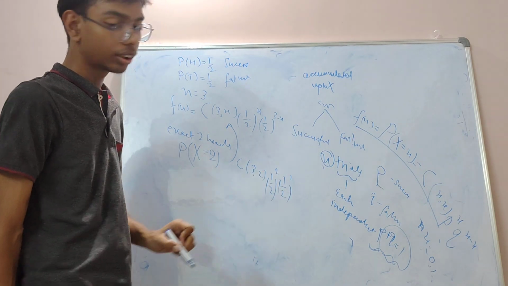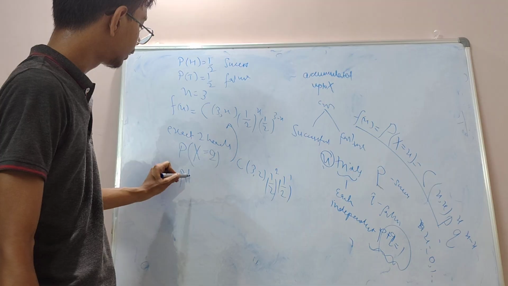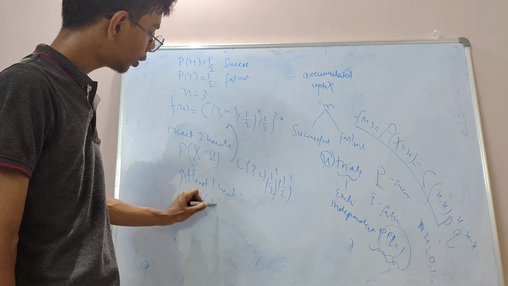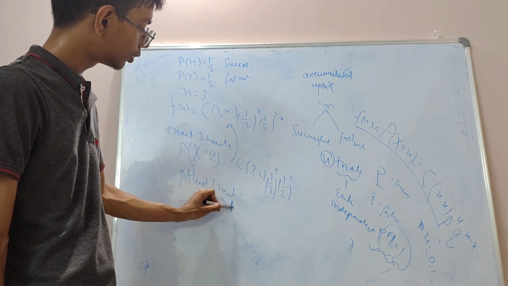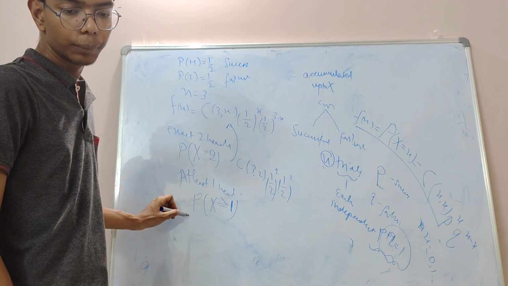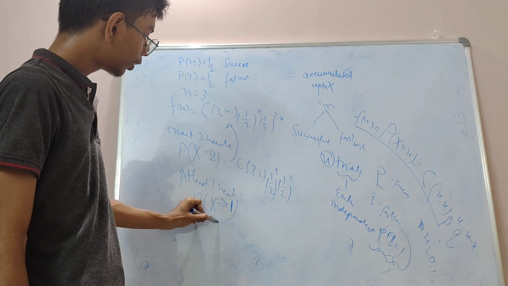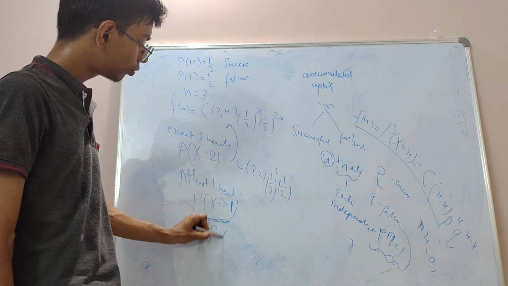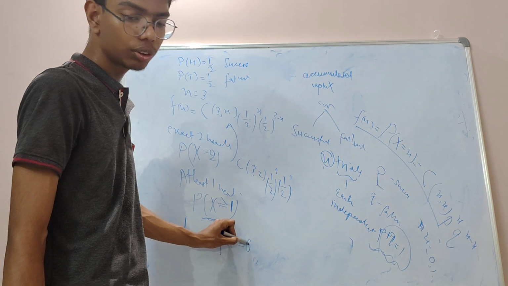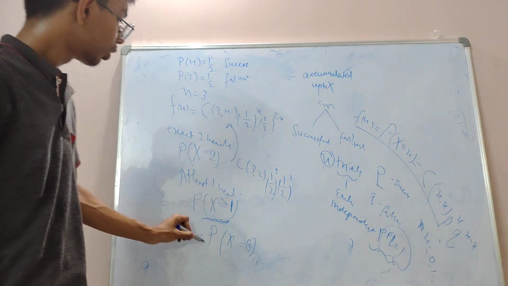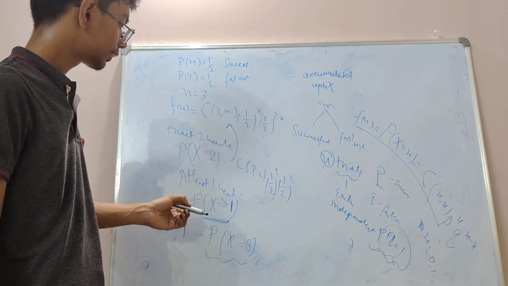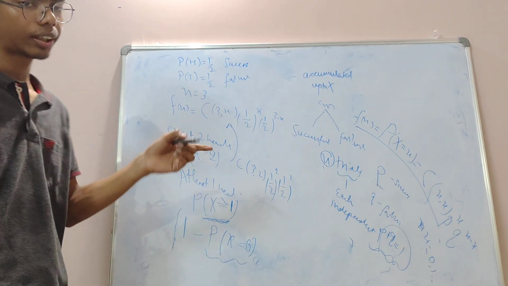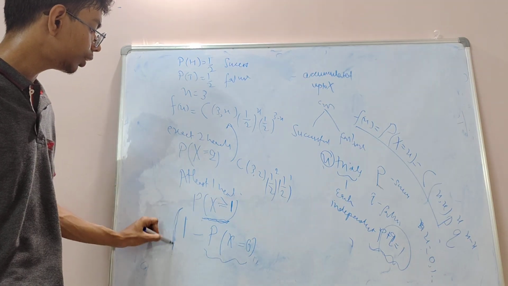Then for at least one head, this will be the probability of x greater than or equal to 1, which is 1 minus the probability of x equal to 0, because getting no heads I remove from the total sum of all probabilities, which gives me 1.